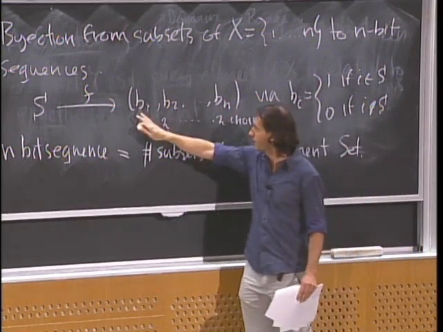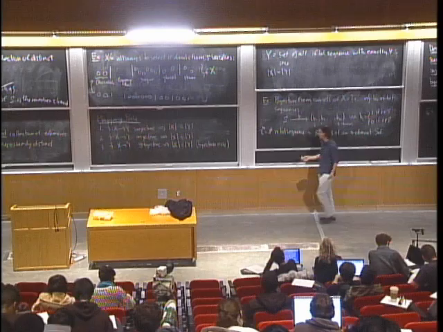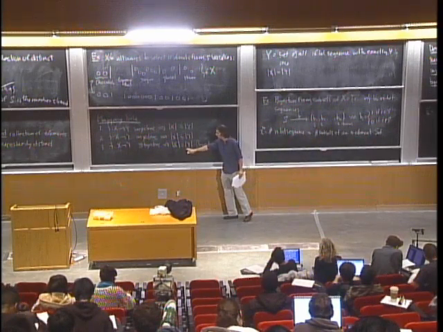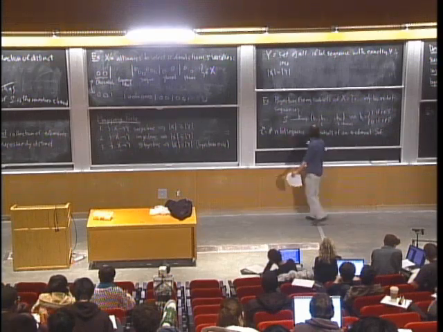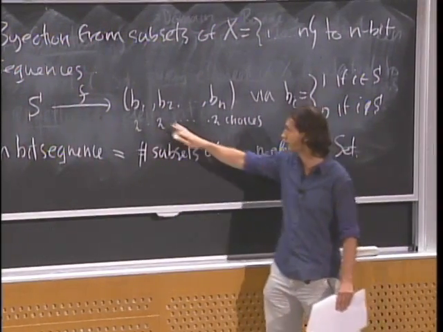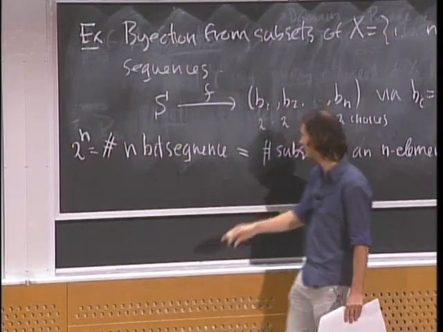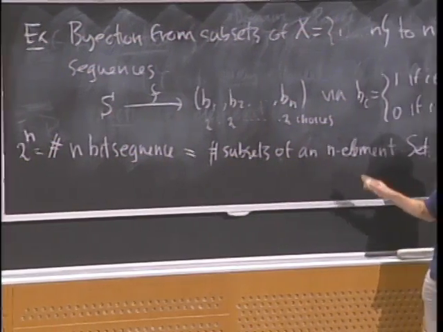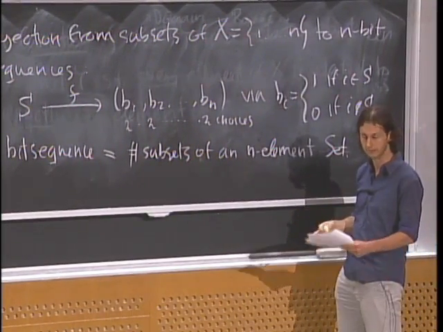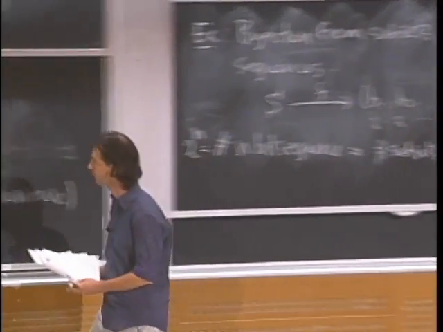And now I can find this really easygoing mapping that I can show to be bijective, and all of a sudden I know how to count it, because I can just look at the image and count those types of objects, in this case n-bit sequences. I get a really easygoing number that I can compute fairly easily, and now I have counted something much more complex. So this is how we generally will think about these things.